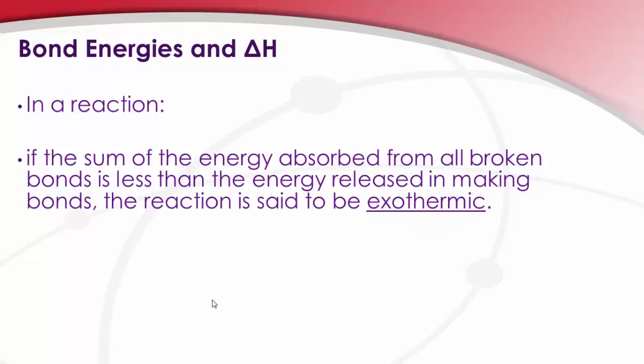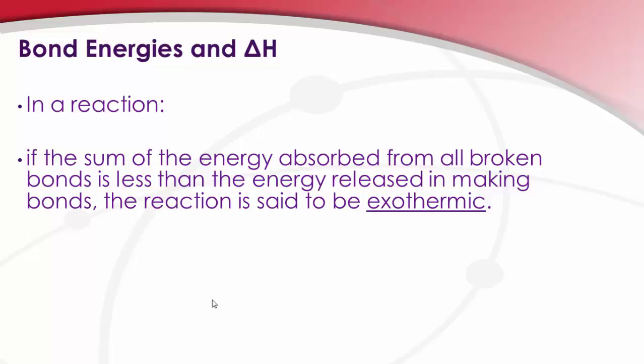Okay, so in a reaction, we can actually look at the sum of all of the energy that's absorbed from breaking the bonds of the reactants. And we can look at all of the energy that is released in making bonds for the products.